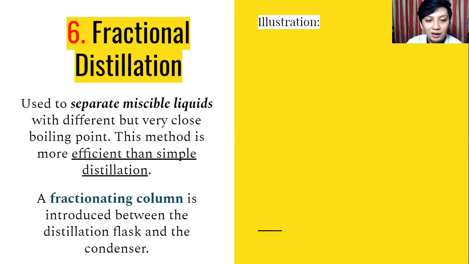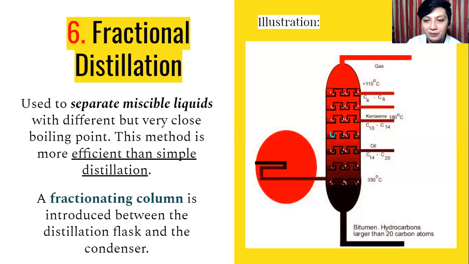A fractionating column is introduced between the distillation flask and the condenser. And this is what it looks like. As you can see, as the temperature changes, you will get different byproducts. At 110 degrees, we have the gas, and then it will go up to 180 degrees Celsius.